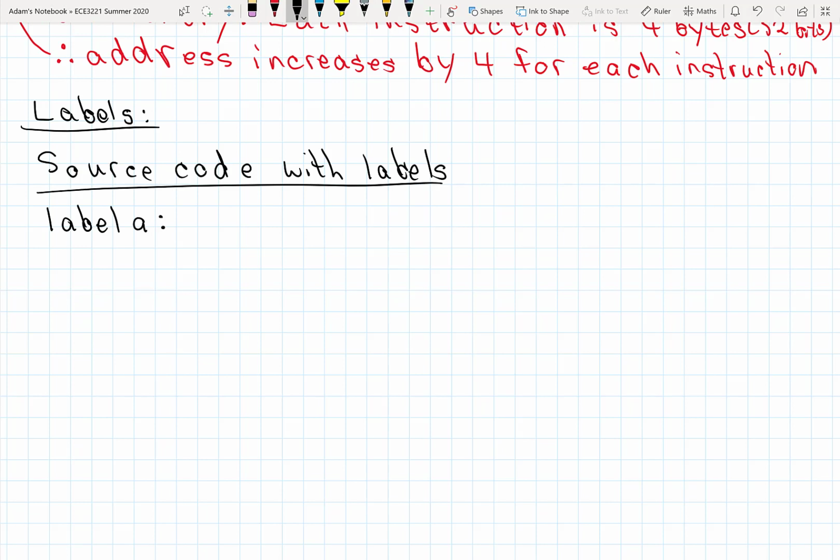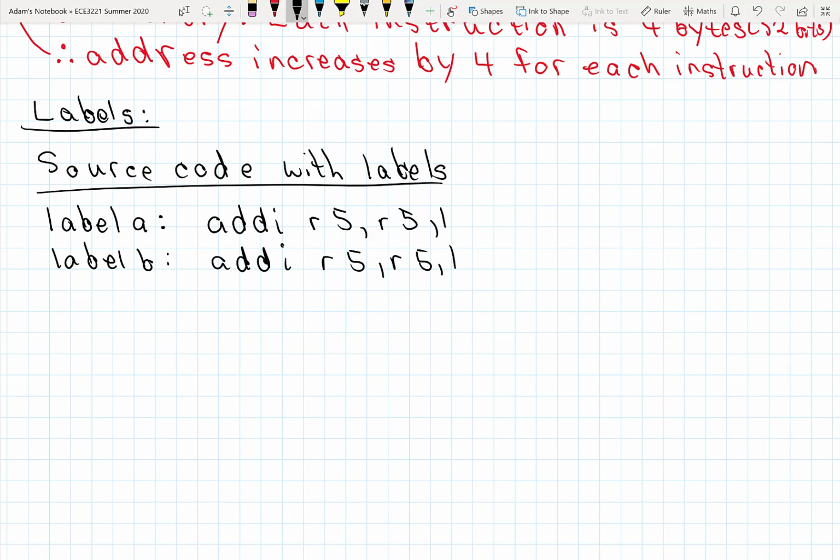I'm just going to use very generic labels: label A, and then put in the assembly language instruction, label B, and put in the assembly language instruction. I'm going to use the same simple example that we just used, so we're incrementing the value in register 5 3 times.